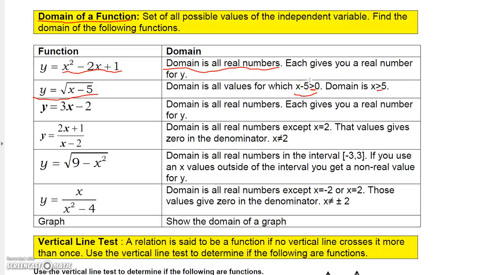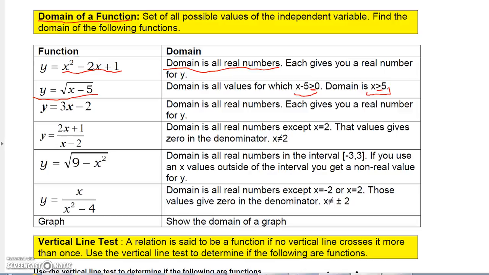You can't take the square root of a negative. So whatever's in the radical must be greater than or equal to 0. And then to get the domain, you actually have to solve that inequality for x. And the domain is all values that are greater than or equal to 5. So x can be any number 5 or greater.